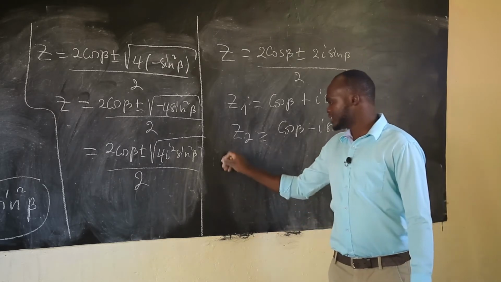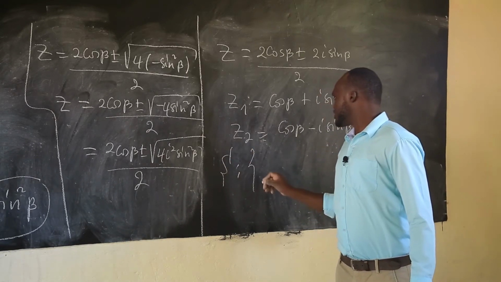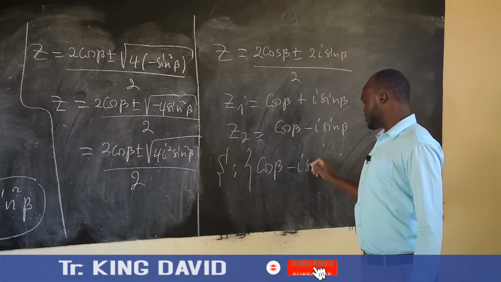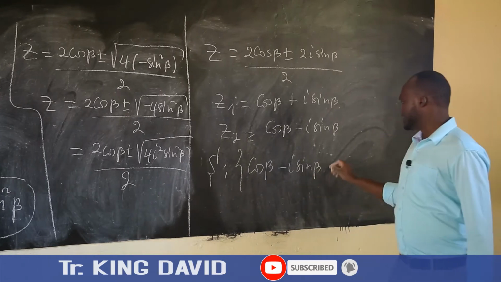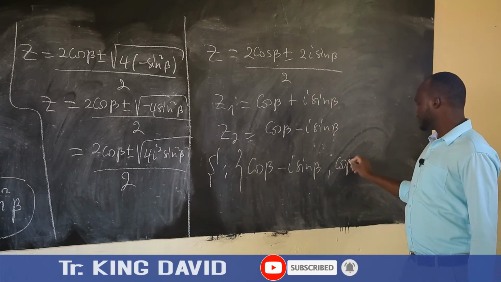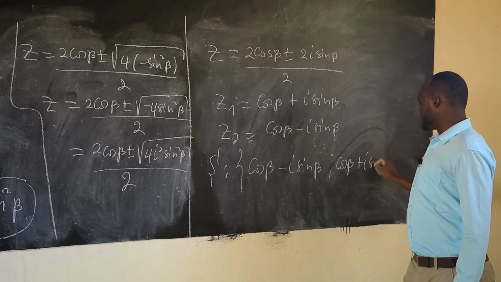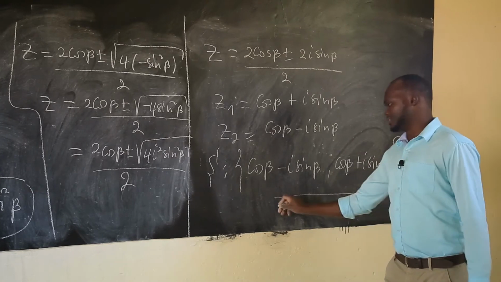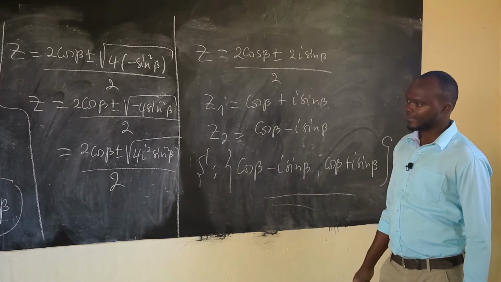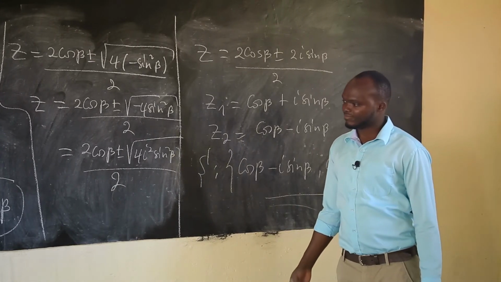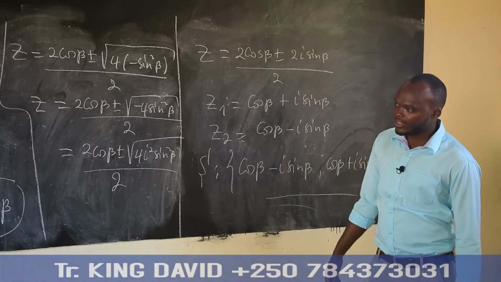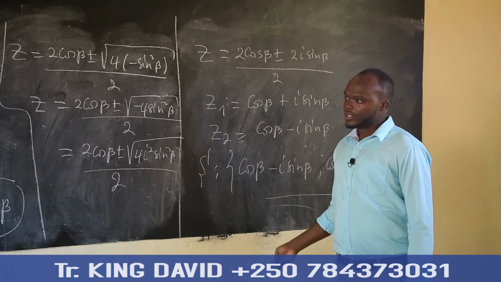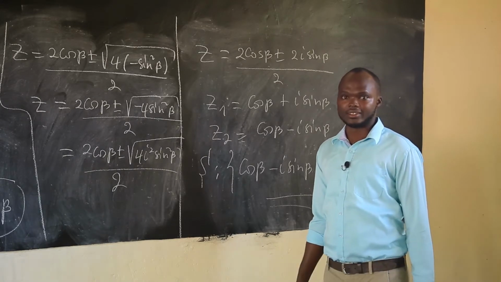So now our set contains two values, which are cos beta minus i sine beta, then cos beta plus i sine beta. So those are the values of z. Any question here? Yeah, I think each step is very clear. So let us go to other examples.